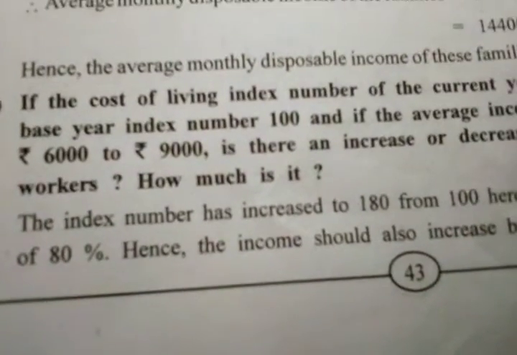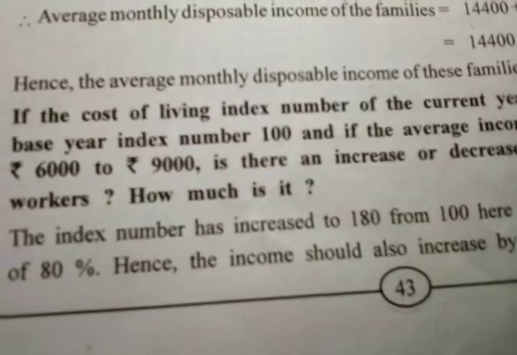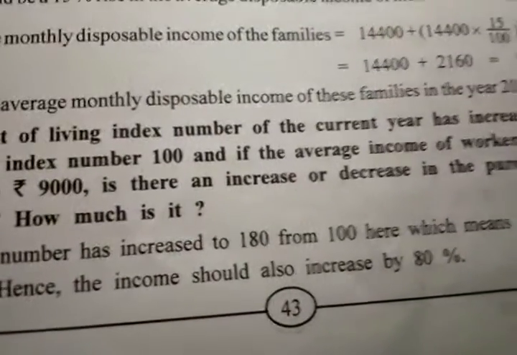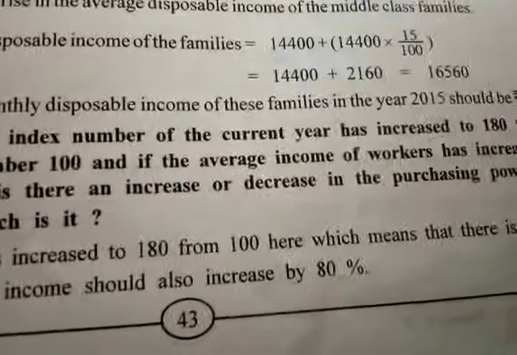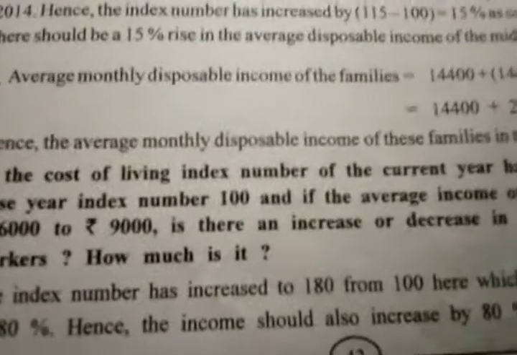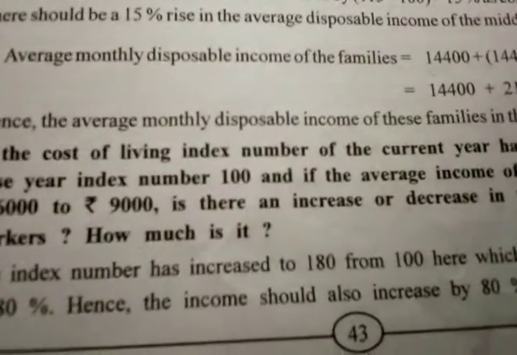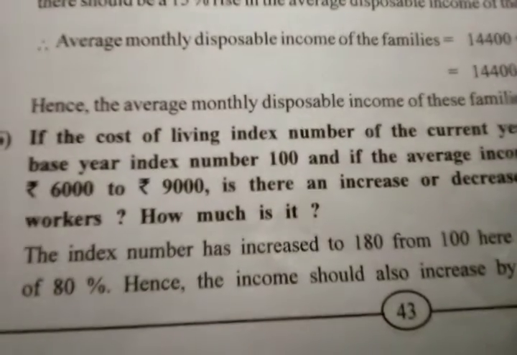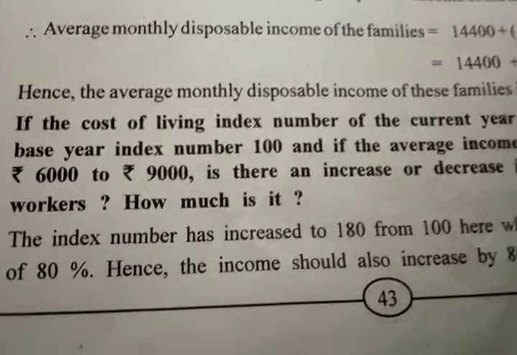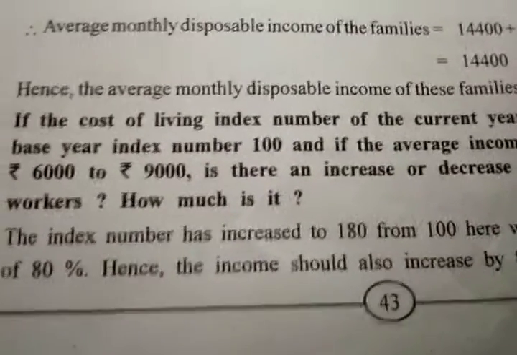Here what are we given? The cost index number of the current year as well as the base year is given. It has increased to 180. That means the current year's cost of living is 180, the base year it is 100. The base year income is 6,000 rupees and the current year income is 9,000. Will it be sufficient for the family?